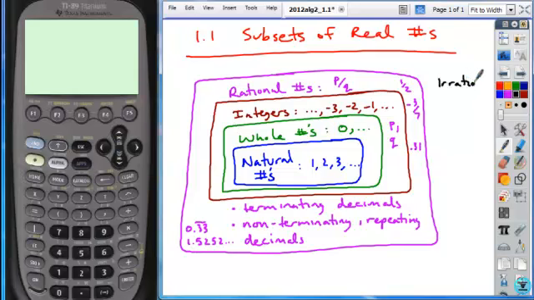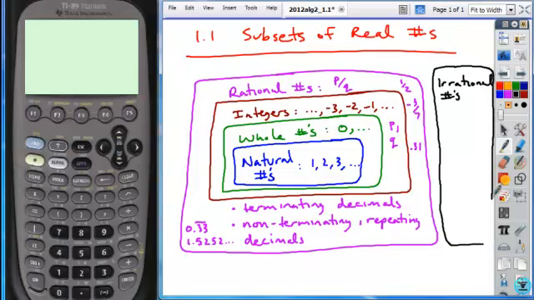Separate from this group is the set of irrational numbers. So notice I'm going to draw this in a separate box. None of these overlap. So irrational numbers are the set of numbers that can't be expressed as a ratio of two integers. Irrational numbers tend to be radicals that don't simplify into an integer value.